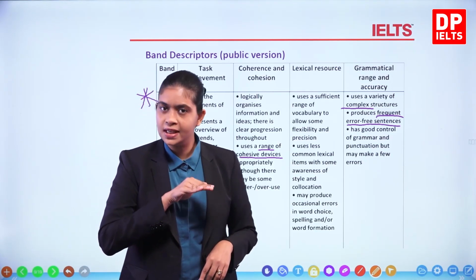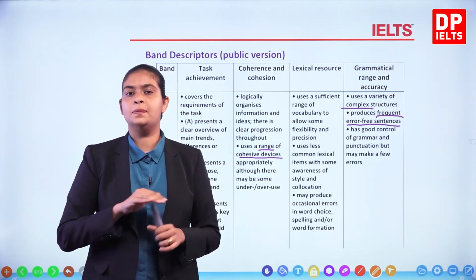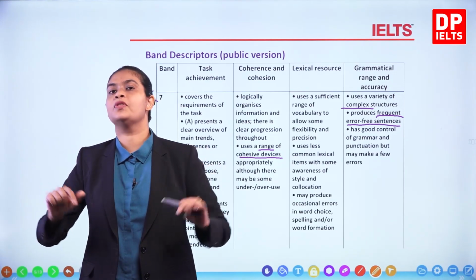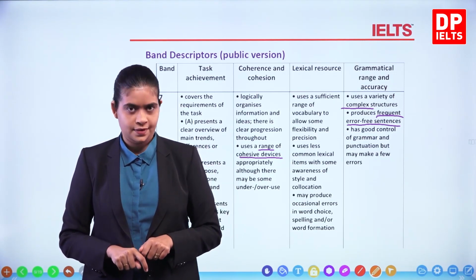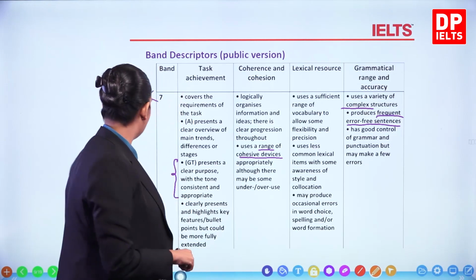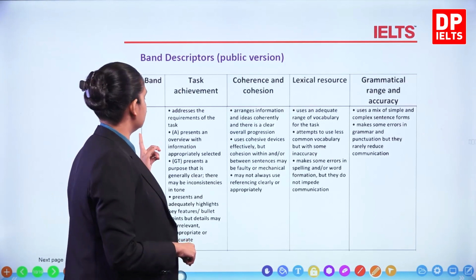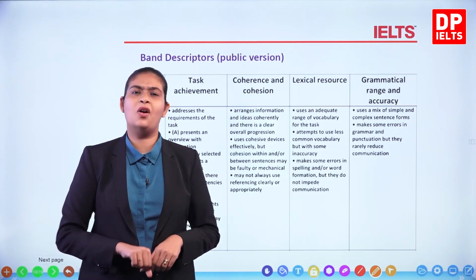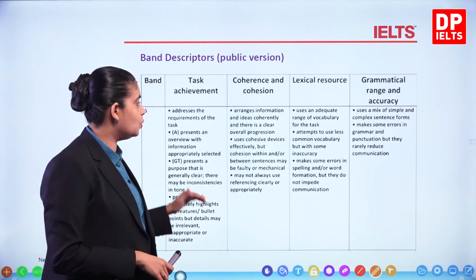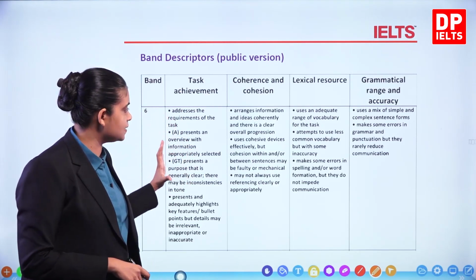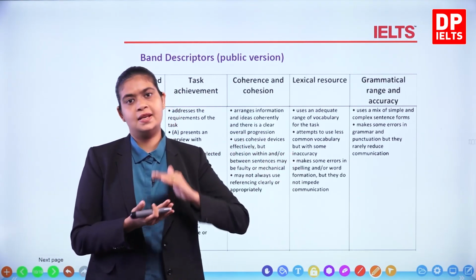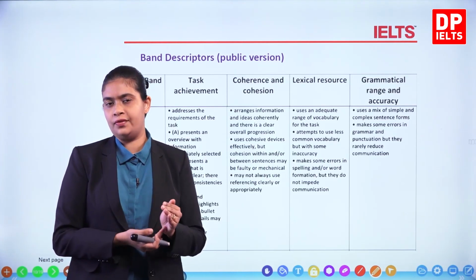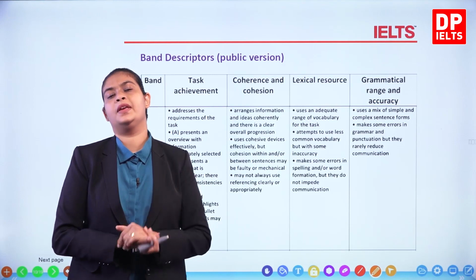If you have a 6.5, it means you have achieved all of 6 and some positive features of 7, right? So this is the 6. Now, the ones who always think, oh, it's only 0.5, you will understand that from a 6 to a 7 is a big jump, or 6.5 to a 7 is still a big jump.